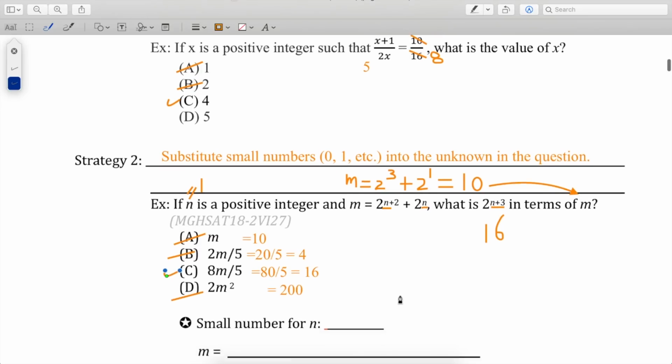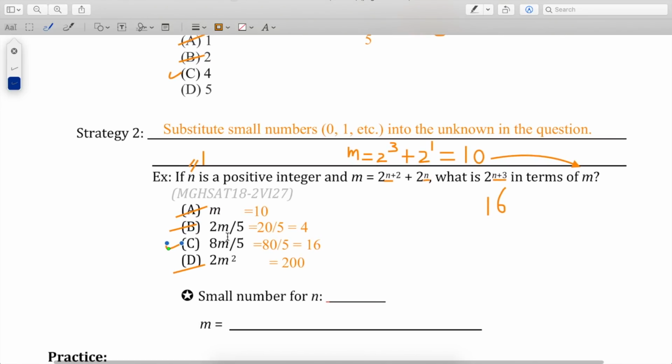And one thing to watch out for here is, what if when you put in n equals 1 you end up with C and D both equal to 16? That happens. That just means that the number you chose for n happens to work for multiple choices.